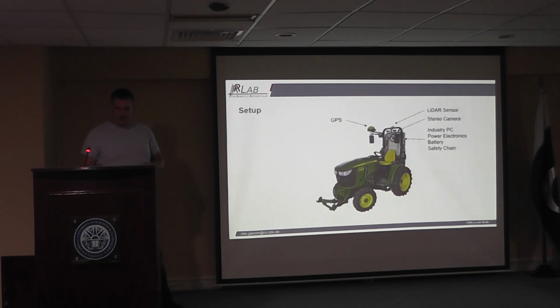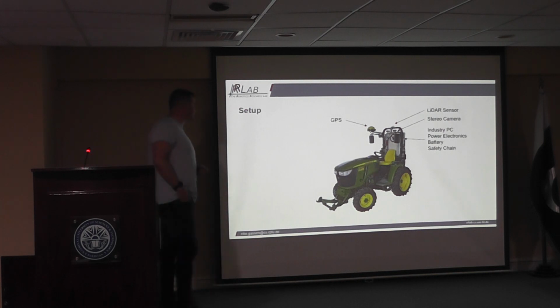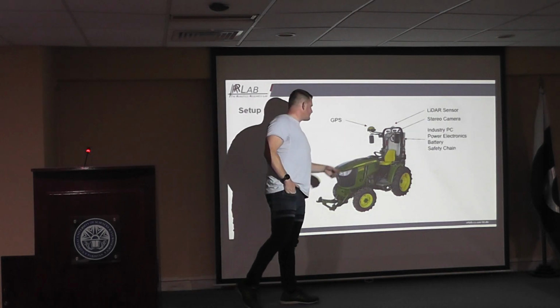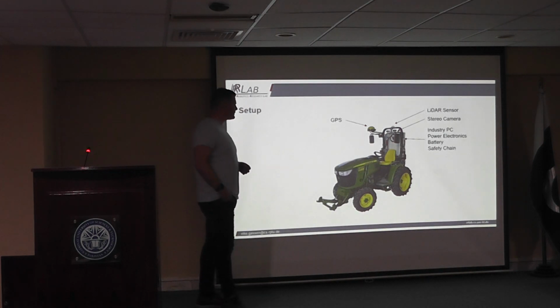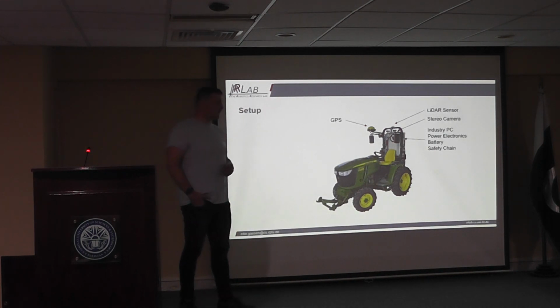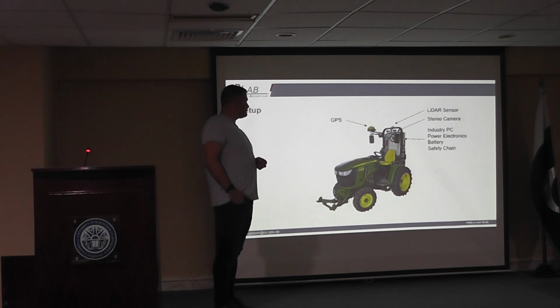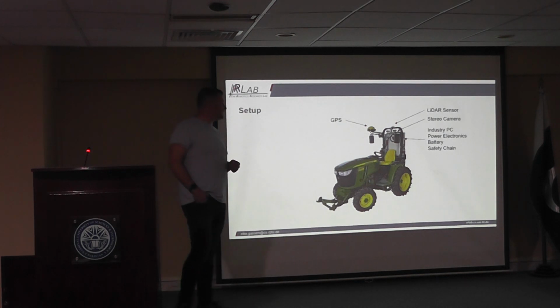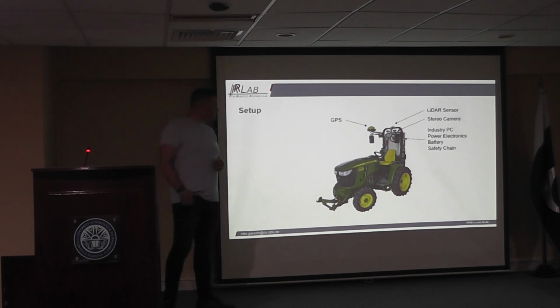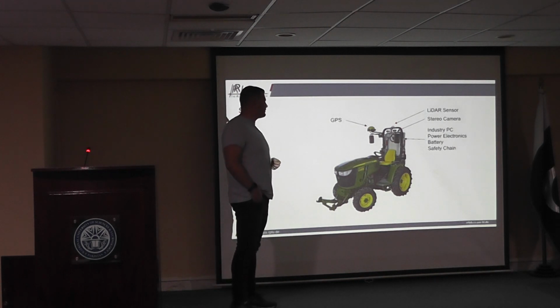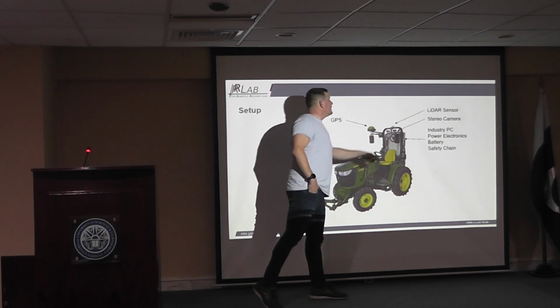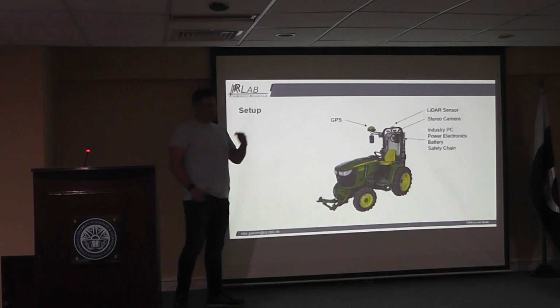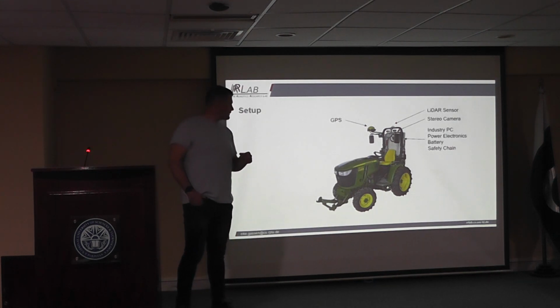So here is just the general sensor setup. On top we got the GPS, the StarFire from John Deere, a very famous and often used GPS. We also added on top a 360-degree LiDAR sensor to get an overview of the environment, and also a really good stereo camera pair looking to the front, and one stereo camera for backward driving.